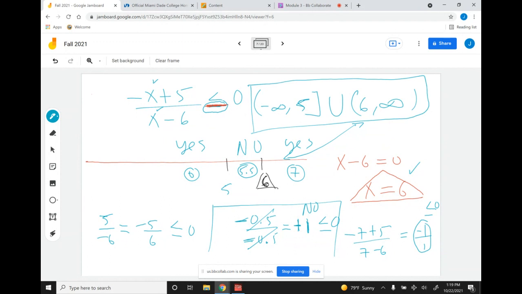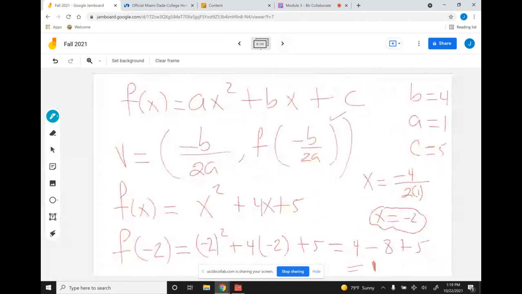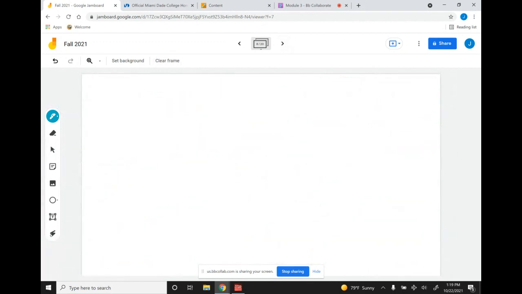And I agree, this is going to take practice and practice and more practice. So let's do another one. This one is more challenging, so it's going to take a lot of work. The fact that instead of a 0 you have a -2 changes the ball game.